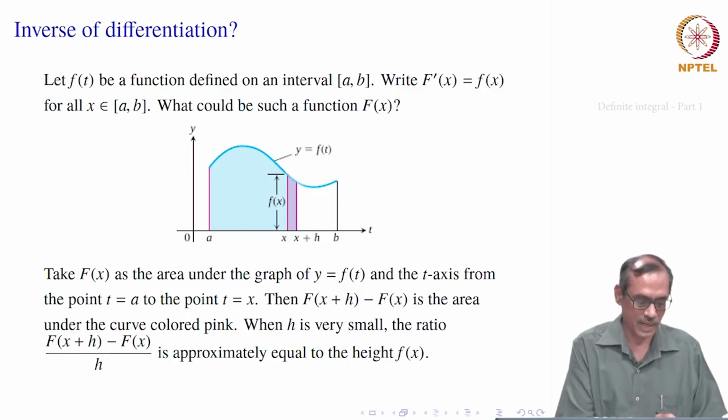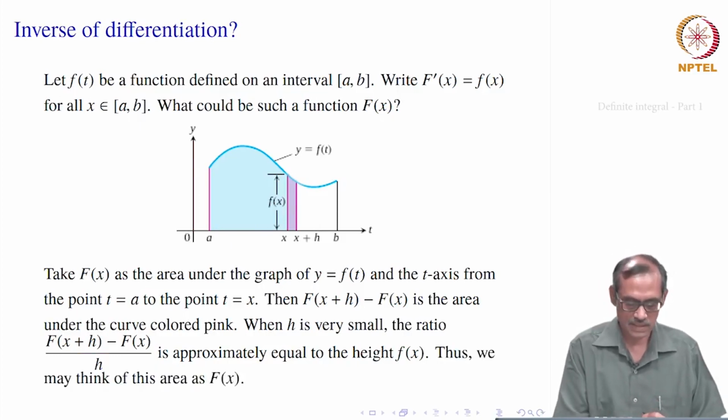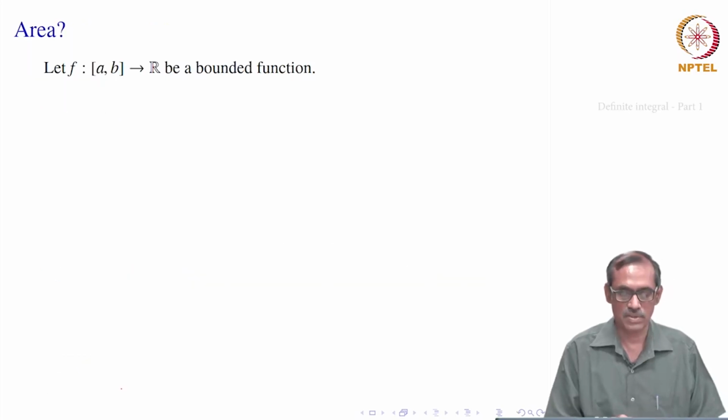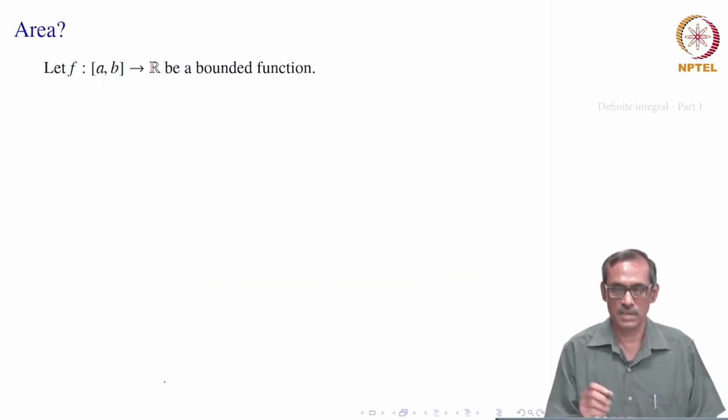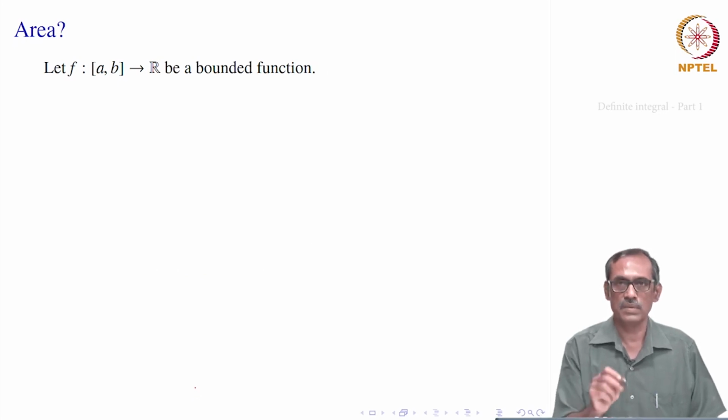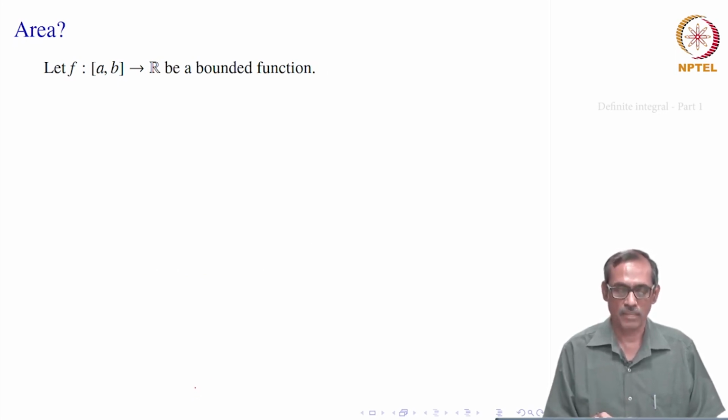But now a new question arises: how to find the area of this region? Suppose we say that there is some area, then first of all f must be a bounded function. If it is unbounded, the area becomes infinite, that will not help us, it is not a real number. So, we cannot write F of x as infinity.